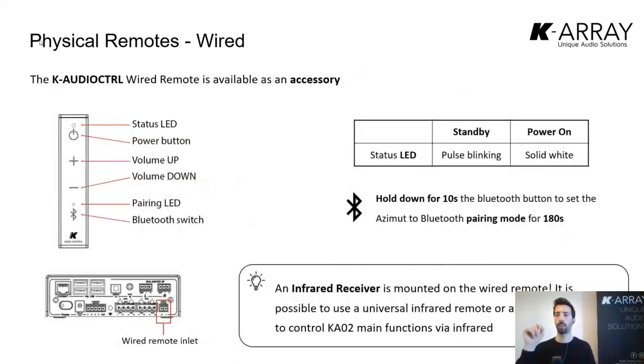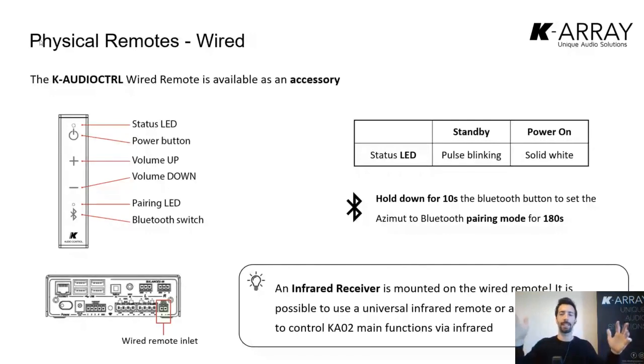We also have a wired remote instead of a wireless one. This is available as an accessory, in case you don't like having a wireless remote but prefer a wired remote, with a physical cable going to the amp. There is in fact a wired remote inlet in the amp. This could be good, for example, for hotel rooms.